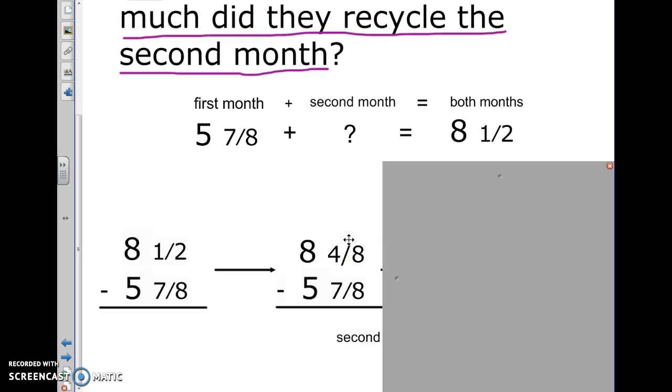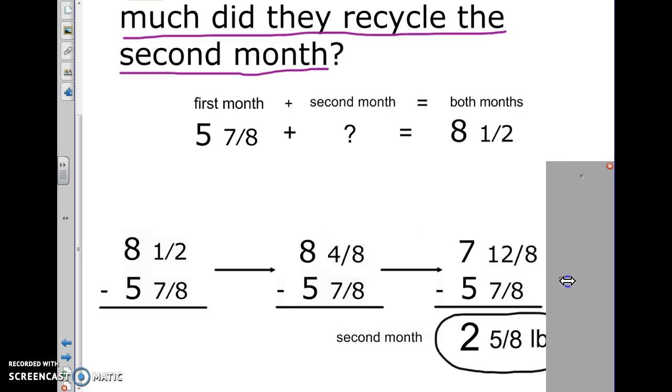And 1 whole is how many eighths? It's 8/8, right? So I'm going to take that 8/8, put it together with the 4/8 that I already have, and that's going to give me 12/8. So then I have my 7, because remember I took this 8, broke off one chunk of it. I have 1 whole, which I made 8/8, gave it to the fraction of the 4/8 here. So I've got 7 and 12/8 minus 5 7/8.